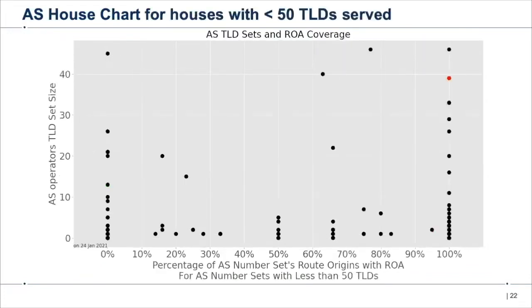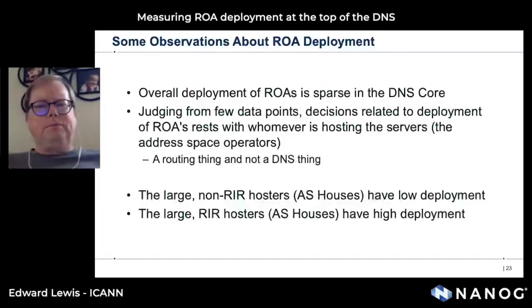Now, this next chart is a blow-up of the lowest part of this, only the small, the 50 TLD players or less. And you see the other red dot that's there is the last RAR that wasn't too visible before. There's a slight organization from low to high as you go left to right, but nothing I would really make a conclusion about.